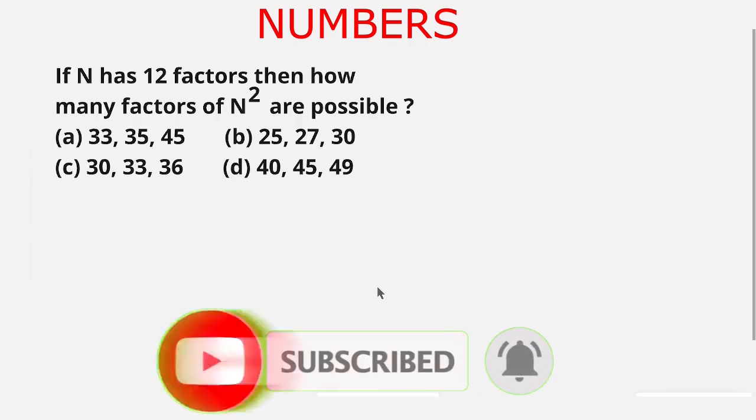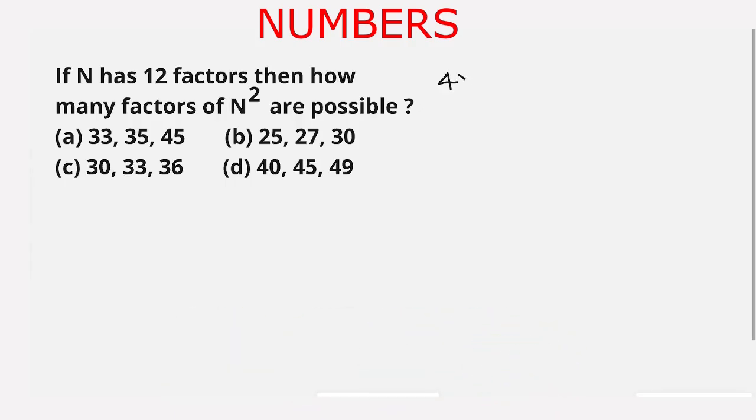The number of factors 12 can be written as 4 × 3, or 2 × 2 × 3, or 2 × 6.